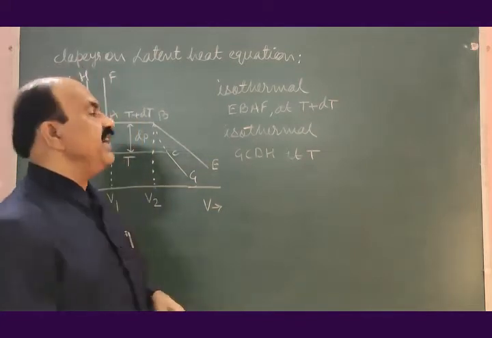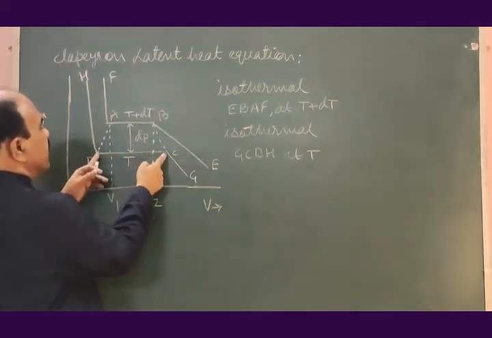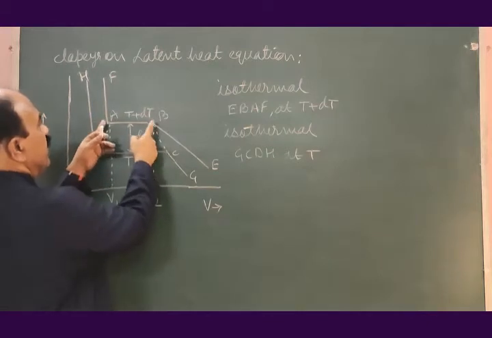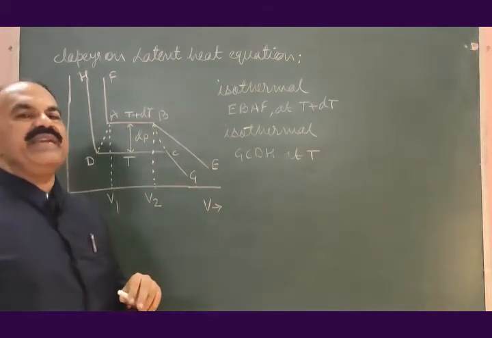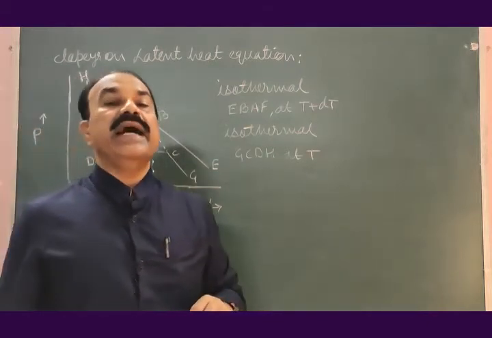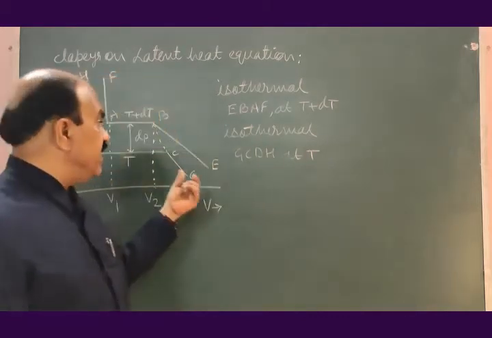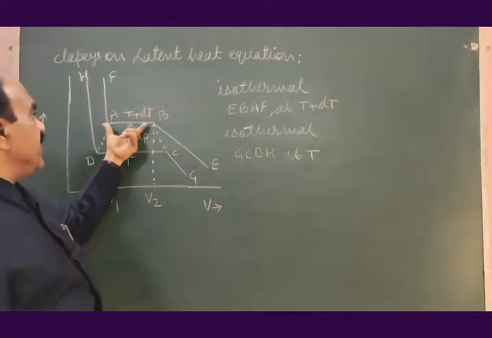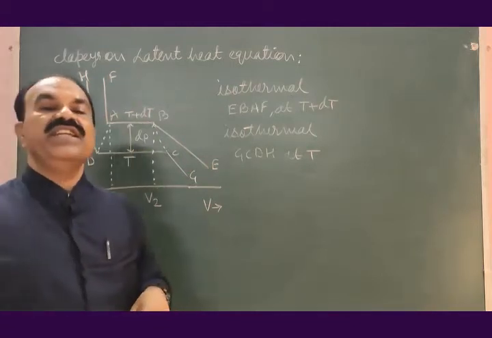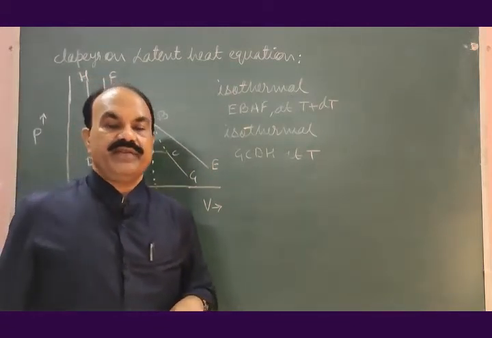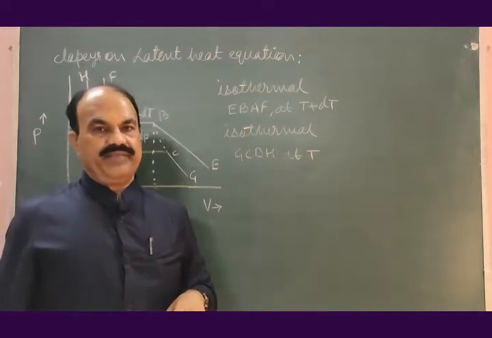Vapor and liquid forms both will be present in the region CD as well as in the region AB or BA.